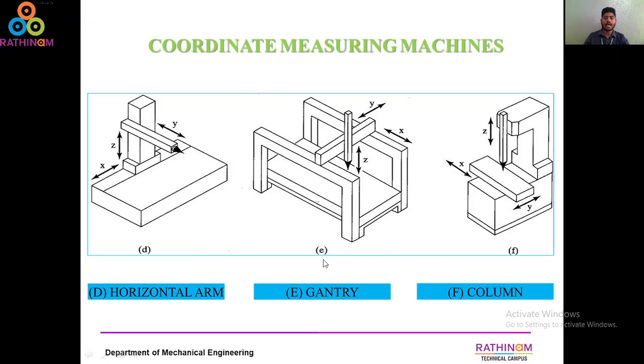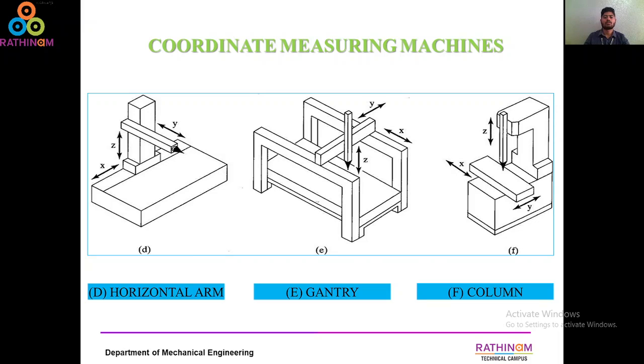When we see the gantry type, there are two bridges available at each side, and at the center and top there is a bridge, and that bridge is called a gantry, and the probe is attached to that gantry. So we can adopt this type for big size components, very big size components.